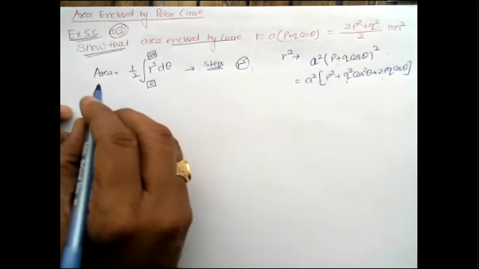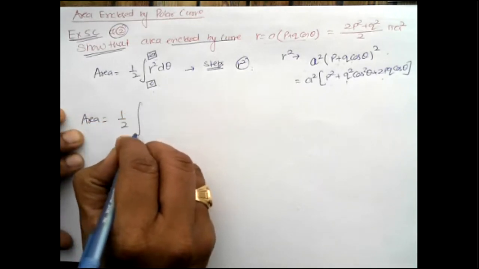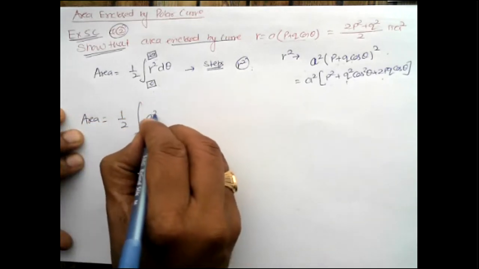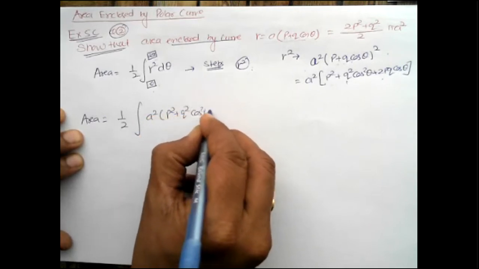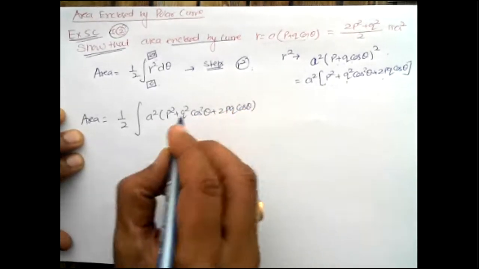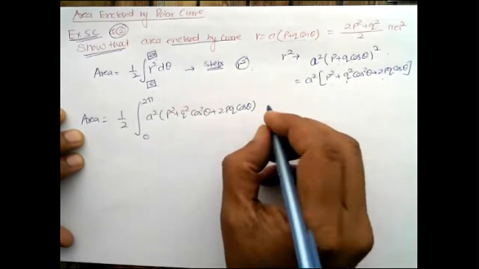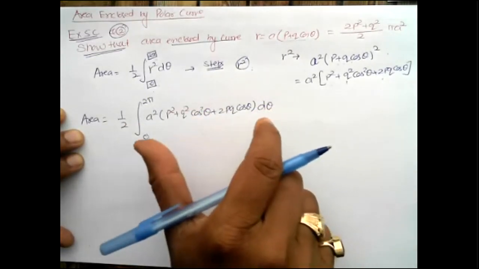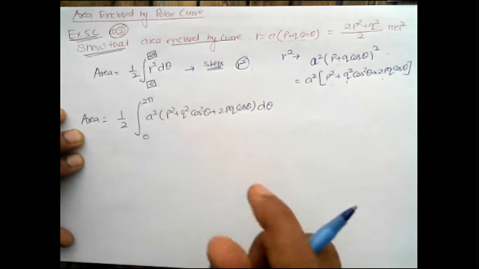Now we're going to work out the area, which will be half a squared times the integral of p squared plus q squared cos squared theta plus 2pq cos theta, from 0 to 2 pi. Like we always do, I will do this integration separately in parts and put in the values of 0 and 2 pi a little later.